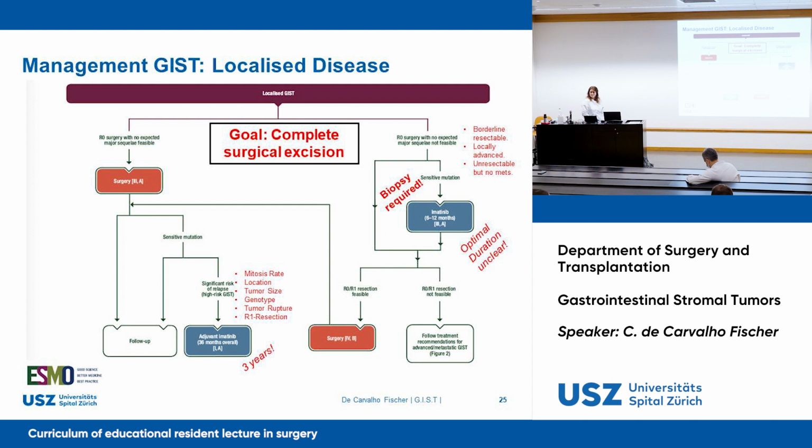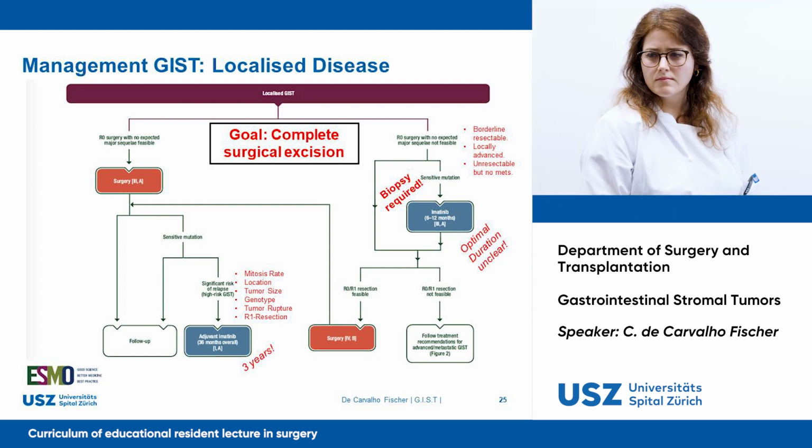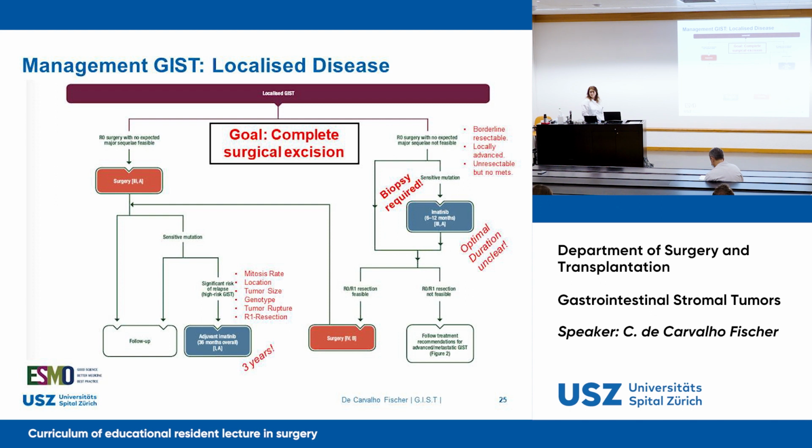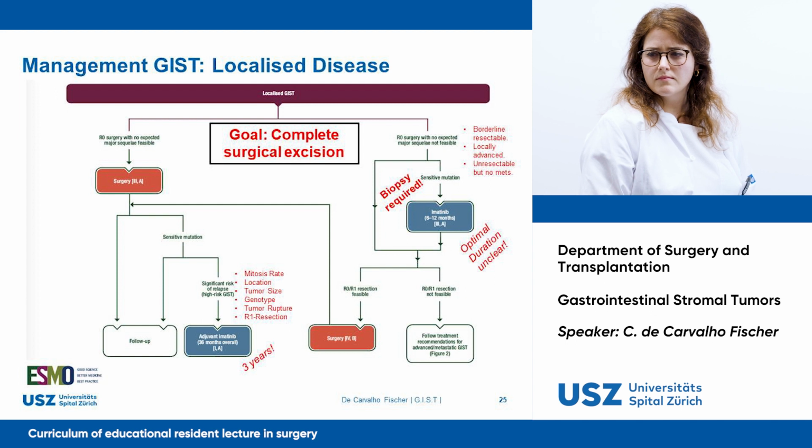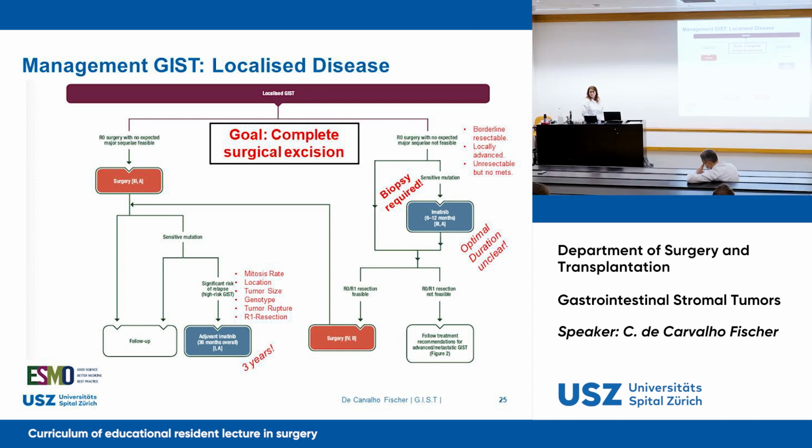I think the main goal, as you have said, is to achieve an R0 resection with tumor-free margins. And in contrast to other malignant intestinal disease, we are not forced to perform systematic lymphadenectomy. So, for example, for a gastric GIST, we don't need to perform a D2 lymphadenectomy because those tumors typically do not metastasize to the lymph nodes.